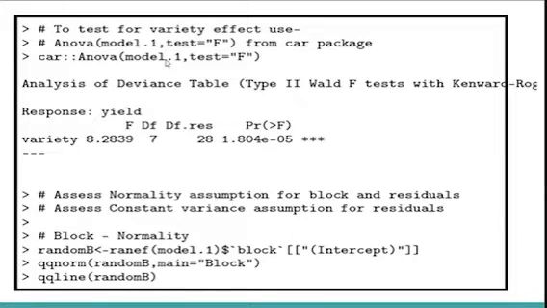What that is going to analyze for you is what we call an analysis of deviance table, type 2 Wald F tests with Kenward-Roger. This is only going to focus on the fixed effects for you. It's basically not going to come with the variance aspect, but the Kenward-Roger can be trusted more than the conventional approach that we use, because you know why? It's using a type 2 kind of sum of squares. So that is what that means.